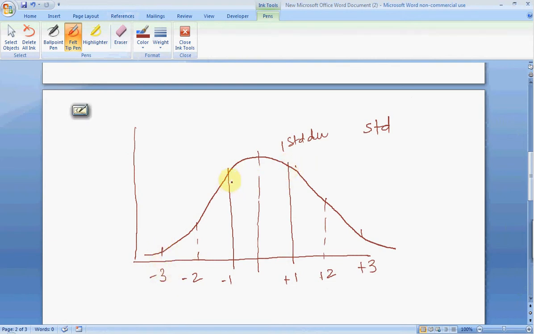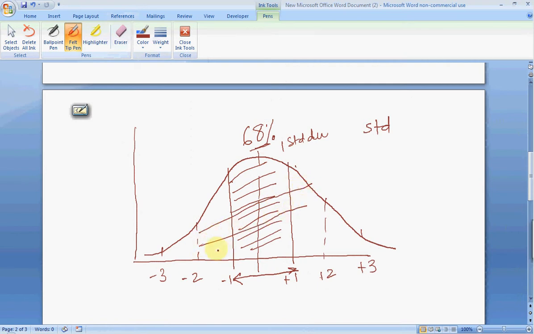The important property is that anything within +1 and -1 standard deviations away from the mean would cover 68% of the population. If we go from -2 to +2, we would be covering about 95% of the total population. If we go from -3 to +3, we'll be covering about 99% of the population.